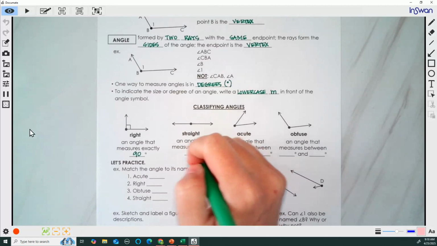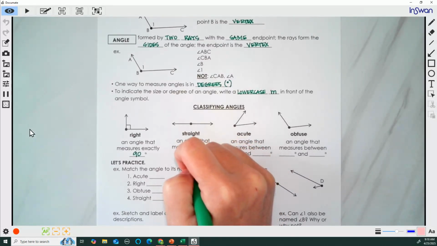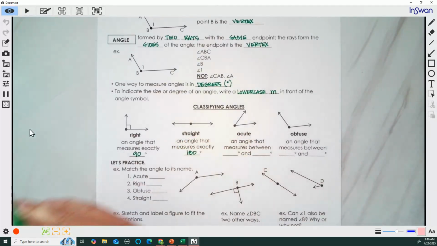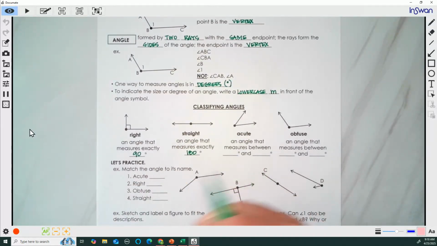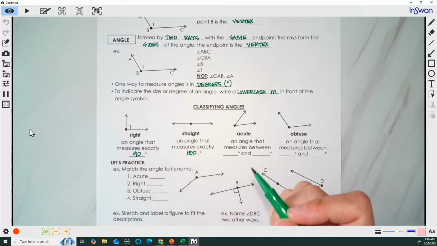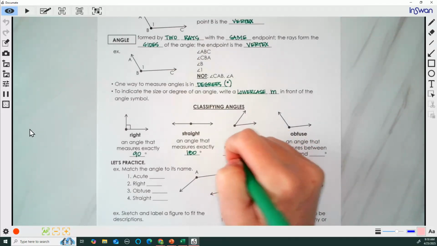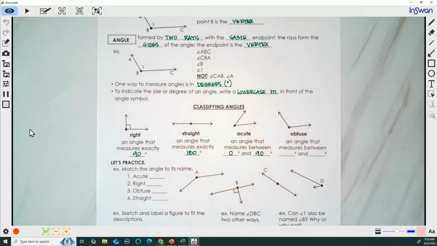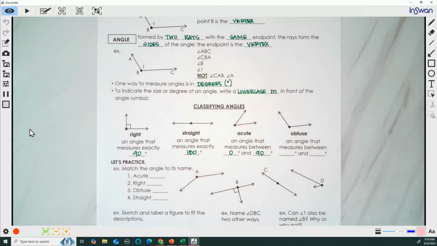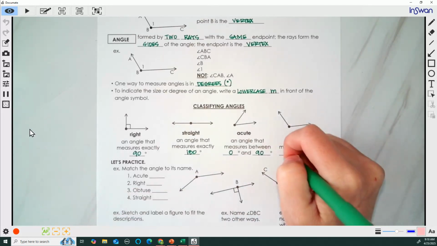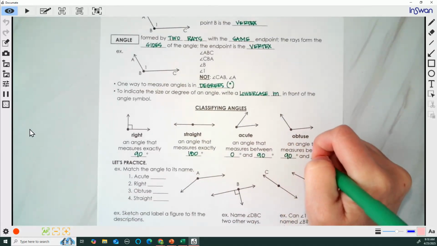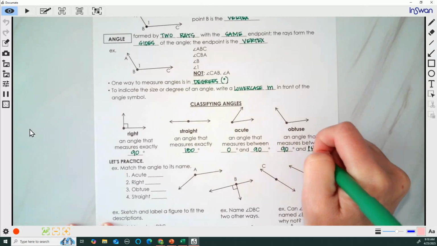A straight angle is an angle that measures exactly 180 degrees. Two rays that form a straight line. An acute angle is an angle that measures between 0 degrees and 90 degrees. And an obtuse angle is an angle that measures between 90 degrees and 180 degrees.